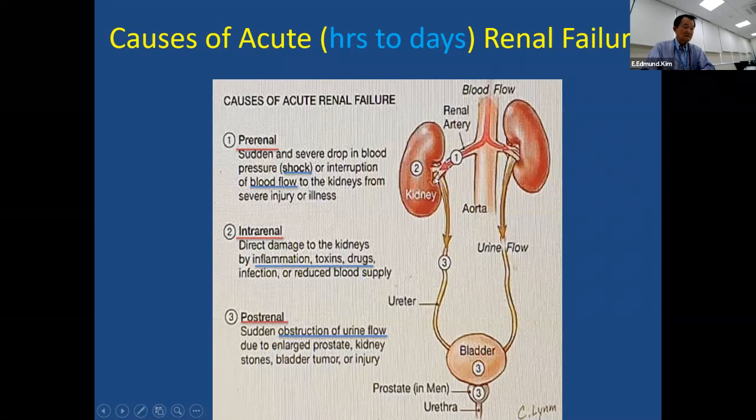Intrarenal is all the tubular damage, toxin, drug, inflammation. Post-renal is urinary tract obstruction, that's the main one. And certainly bladder disease or prostate, urethra.